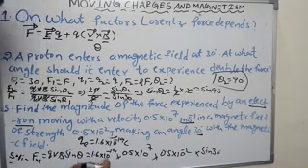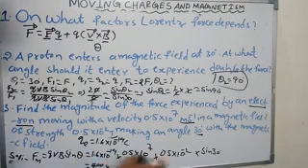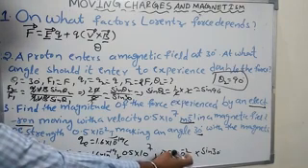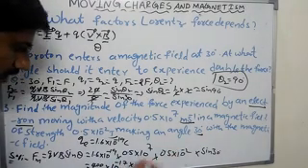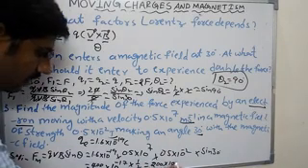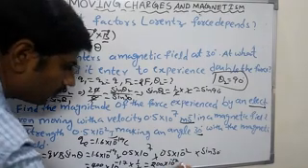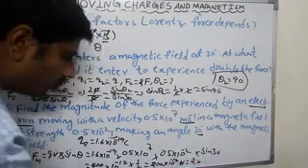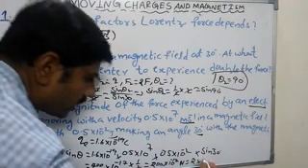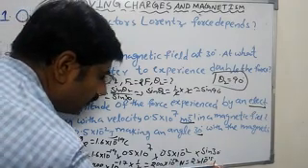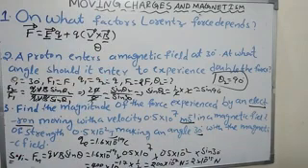Powers of 10 combine: 10 power minus 19, 10 power minus 2, 10 power 7, giving 10 power minus 17, into sin 30, how much? 1 by 2. This is 200 into 10 power minus 17 Newton. Or else we can write 200 as 2 into 10 square, so 2 into 10 power minus 15 Newton. This is important for 2 marks.